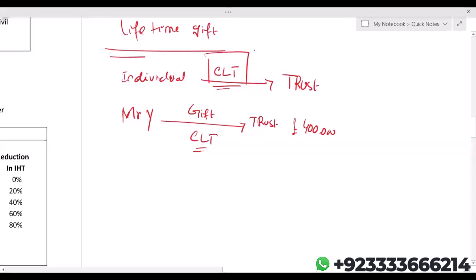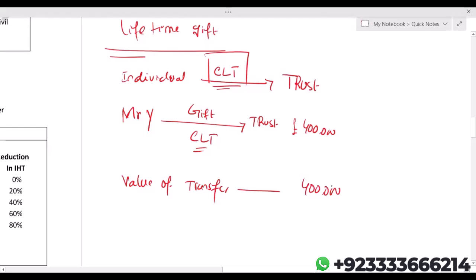So when one individual has given a gift to the trust, then it is CLT, chargeable lifetime transfer. Okay. Number one, value of transfer. Let's say it is 400,000.